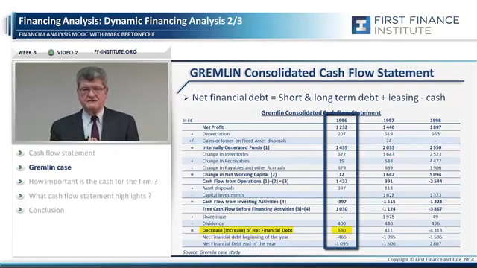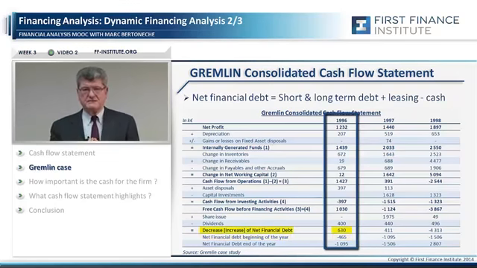Therefore, minus 1,564 plus 1,975 give a surplus of 411. The cash position goes from 1,095 to 1,095 plus 411, 1,506. Or to say it differently, the net financial debt goes from minus 1,095 to minus 1,506.